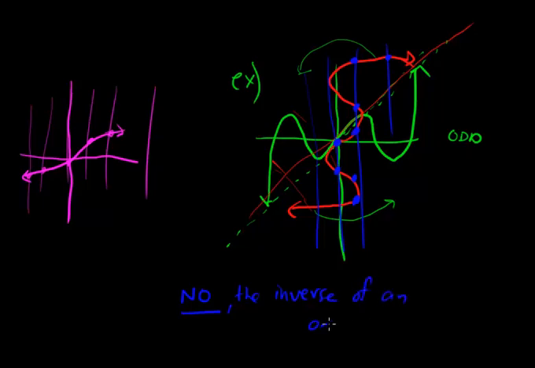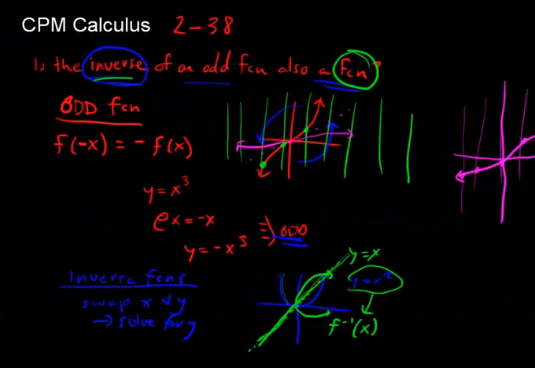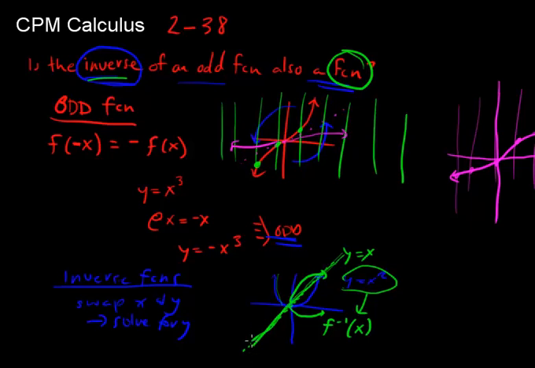We have an example that does not pass the vertical line test, and we even have an example where it does. So sometimes it is, sometimes it's not, and that's the answer for part 1.